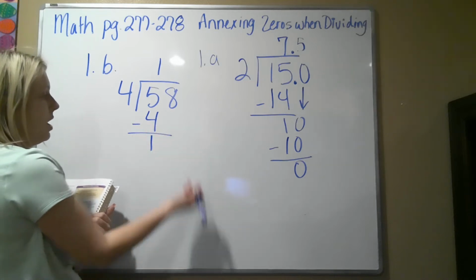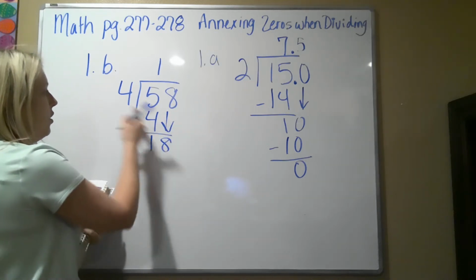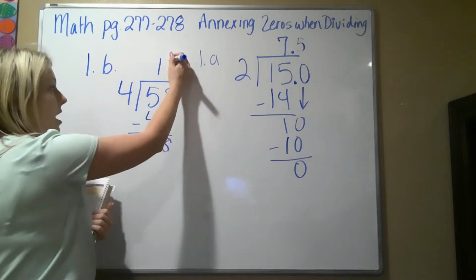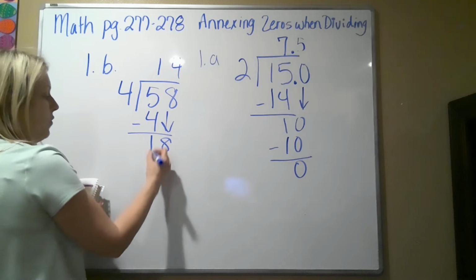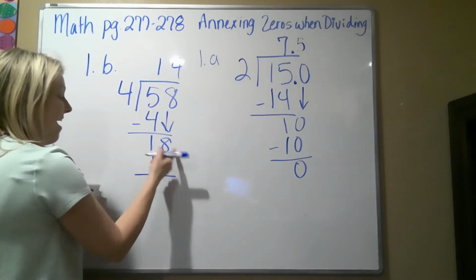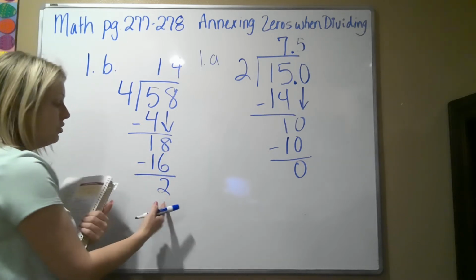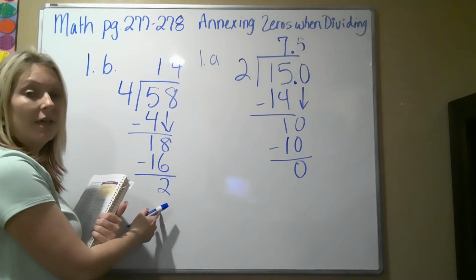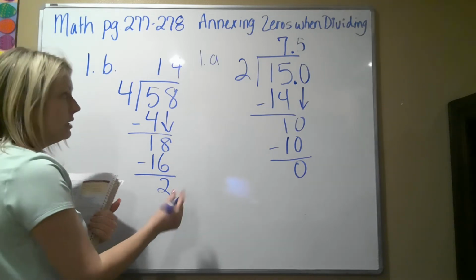Subtract, I get 1. Bring down my 8. 4 goes into 8 2 times, right? Because 4 times 2 is 8. Wait, I mean 4 goes into 18 4 times, because 4 times 4 is 16. I now subtract and I have a 2. I don't want you to give me a remainder 2. I want you to give me no remainder. So what are we going to do?